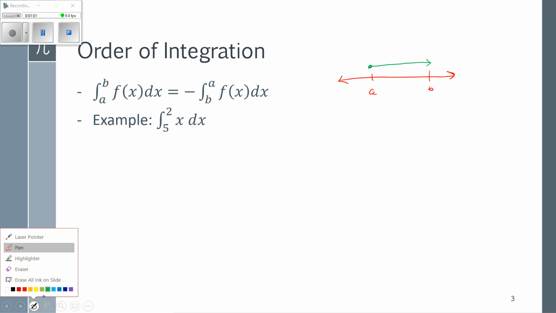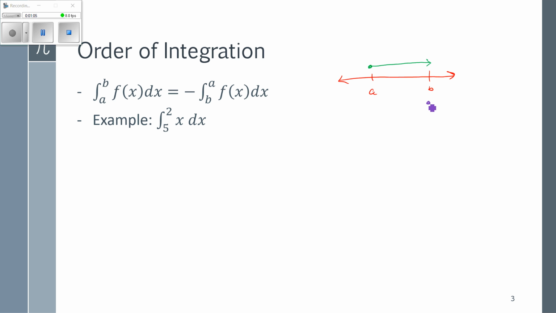But if I said, well, what if I want to go backwards? Going from b to a is the opposite of that. So that's where the negative is coming from. The negative one is saying I change my directions. Instead of going from a to b, I'm changing directions to go from b to a. So I need the negative sign to change that direction.